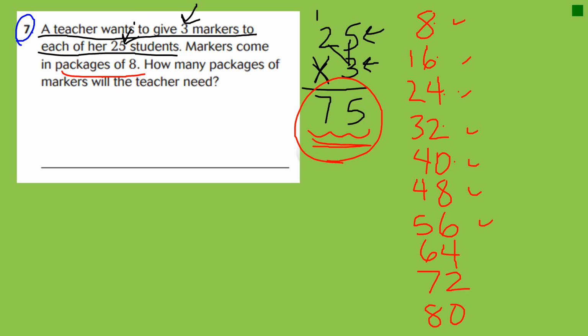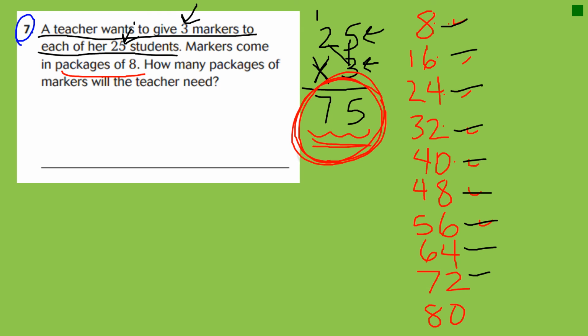Let's see what the teacher's going to have to do. If she wants to get 75 markers, hold on, let me do this. 1 package, 2 packages, 3 packages, 4, 5, 6, 7, 8, 9.